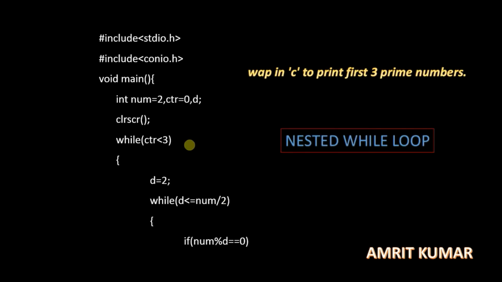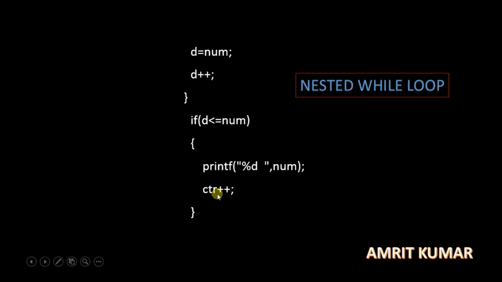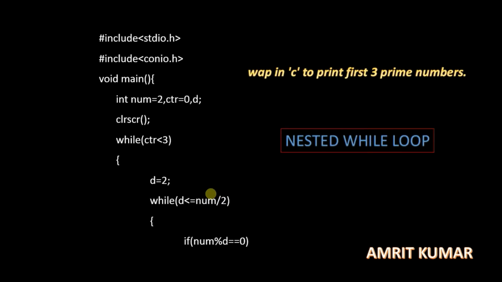Now ctr is 0 here, and it becomes 1. Now ctr has become 1. Is 1 less than 3? Yes, it is. Therefore this condition is true, and it will move forward for the statements.